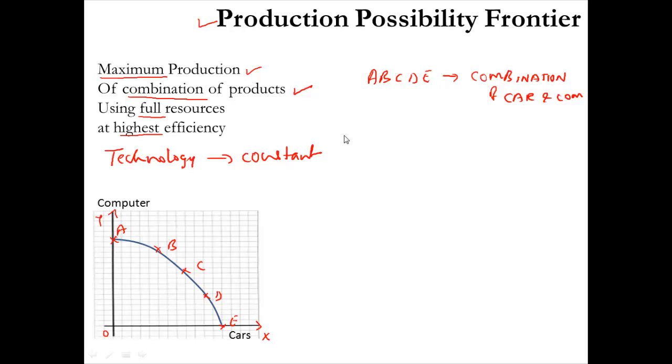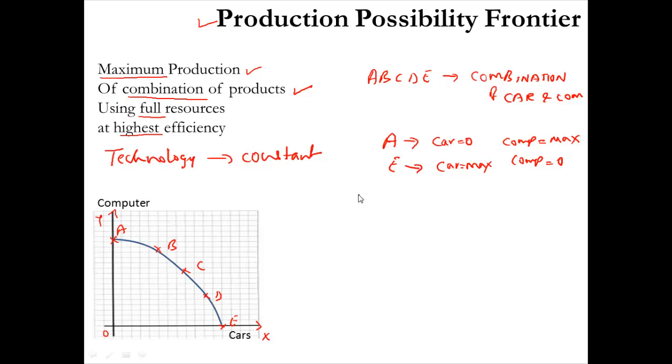Now, let us talk about the point A. Point A stands for 0 cars and computer maximum. This is the combination. Point E stands for car maximum, and computer 0.